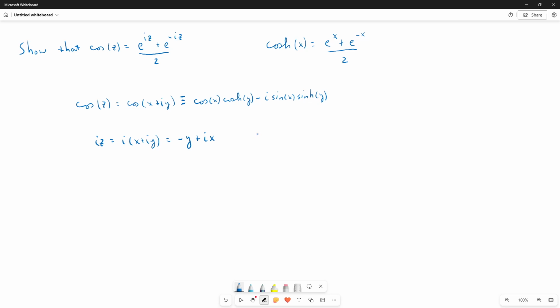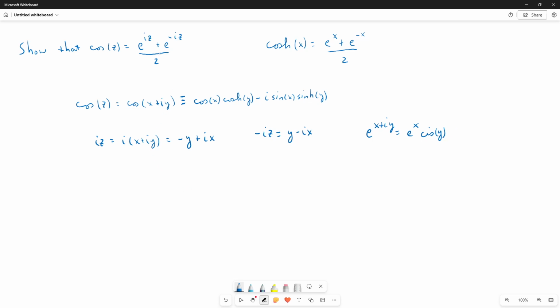And so similarly, negative iz for this one is the negative of this. So it's positive y and then minus ix. And of course, we need to know e to the x plus iy is e to the x times cis y.